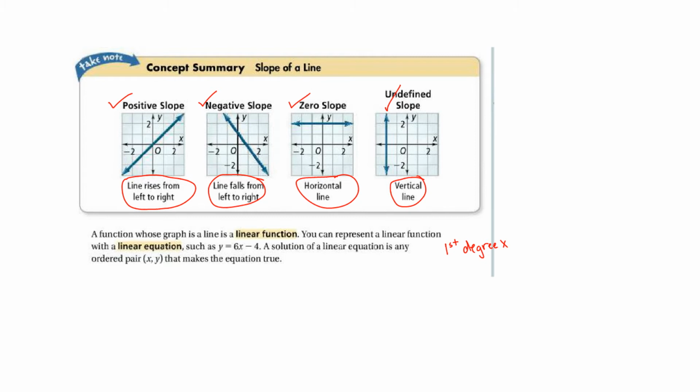You're just going to have an x. It means x to the first degree, which we just write as x. And a solution of a linear equation is any ordered pair that makes the equation true. So if I substitute the x, y of an ordered pair into its linear equation, it should be true.